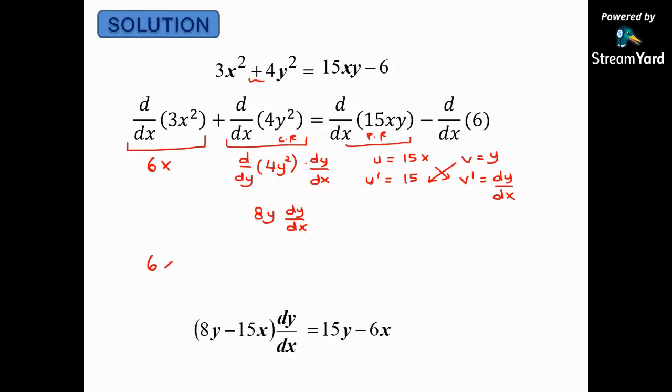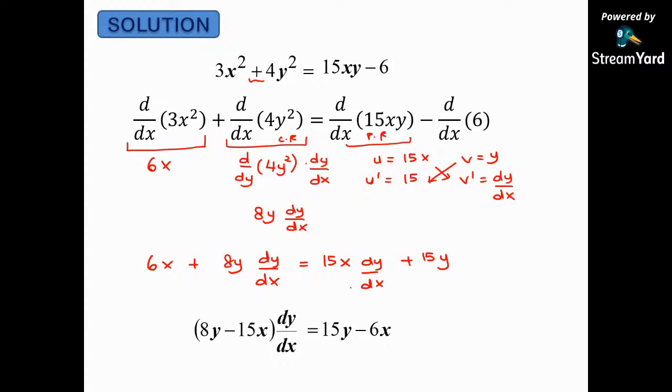So this is 6x plus 8y dy over dx. And this is equal to, so u v prime, we got 15x dy over dx plus 15y. And differentiating 6, I'm sure you know now, differentiating a constant, it should become 0.